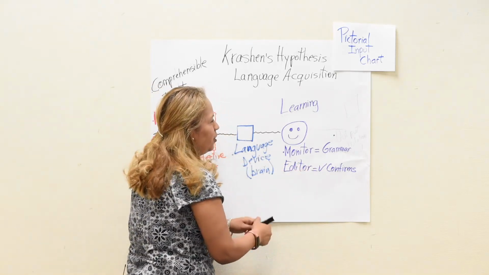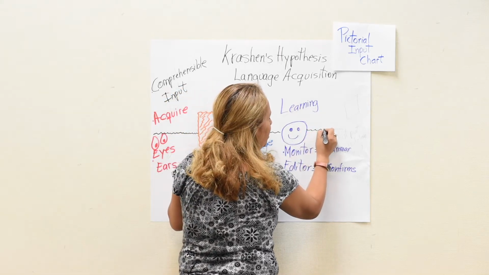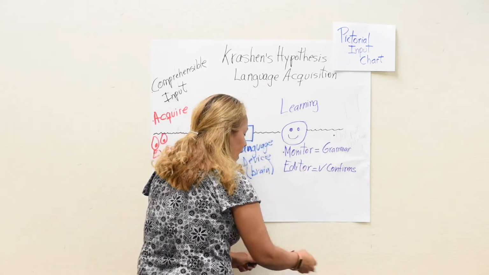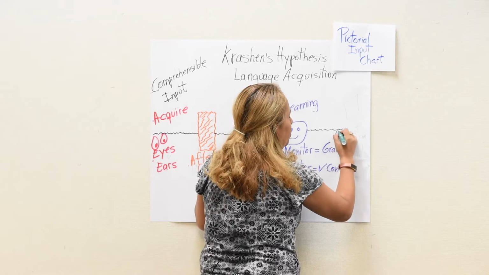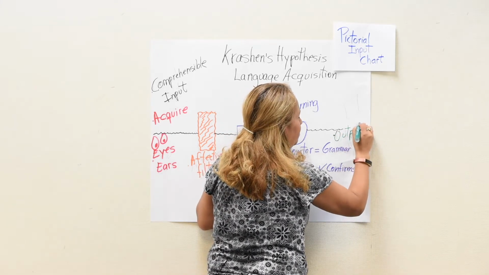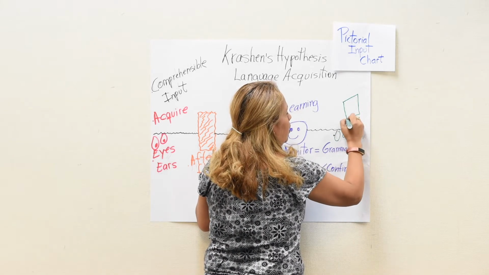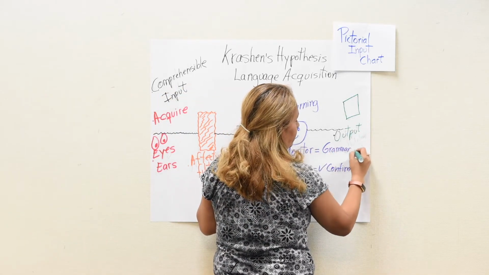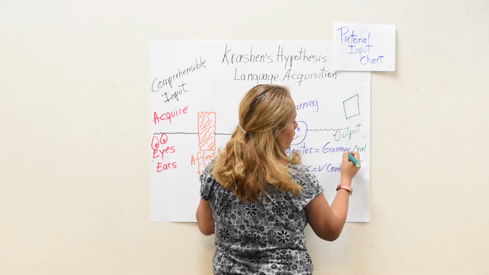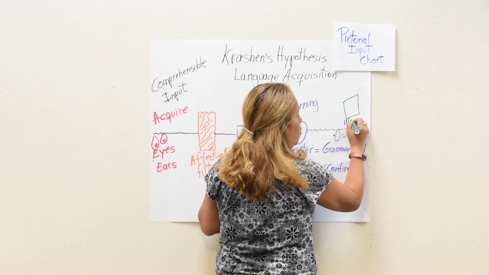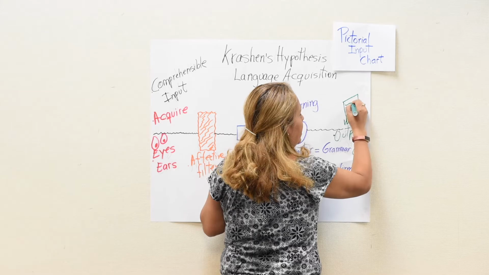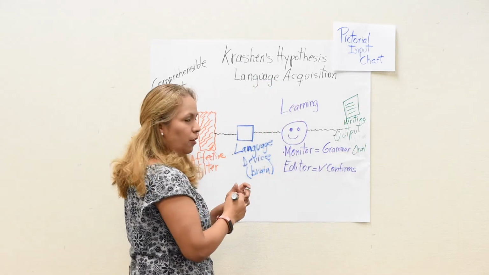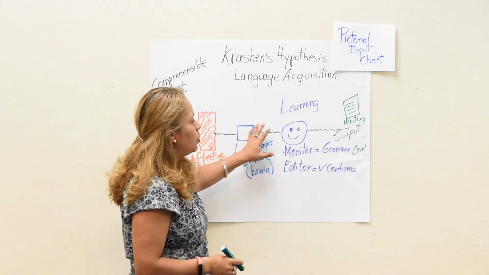Now, your monitor learning is happening and your learning continues, and it's going to be time now for output. Here, your output can be oral, spoken, or can be in writing. And it can depend on the way or the level or the stage of the language acquisition that you are in.